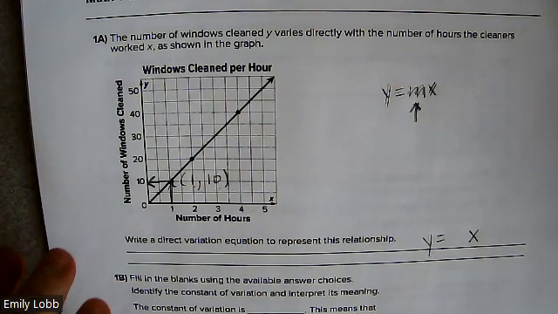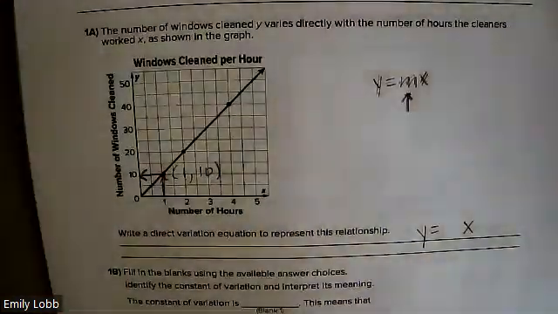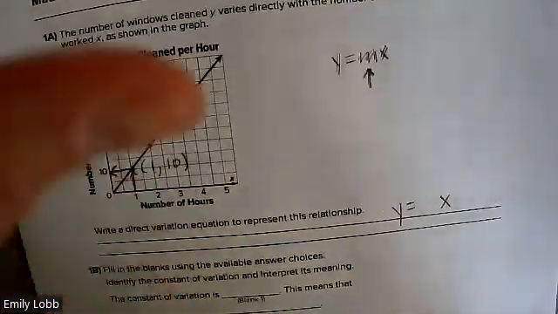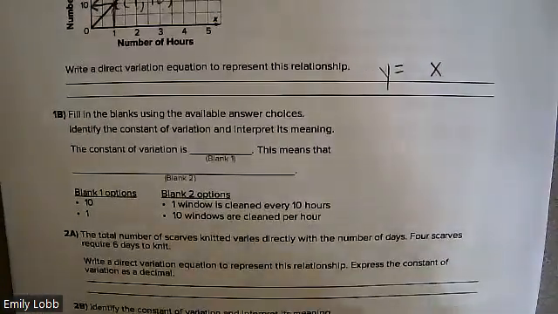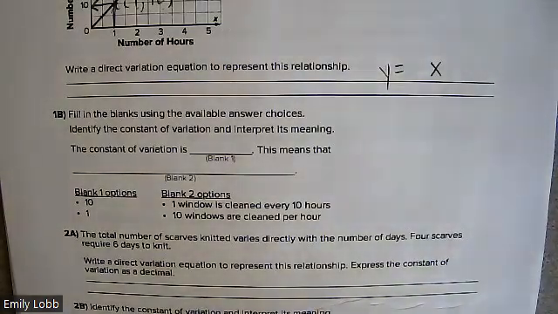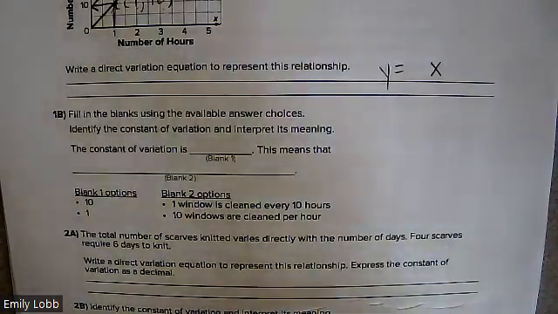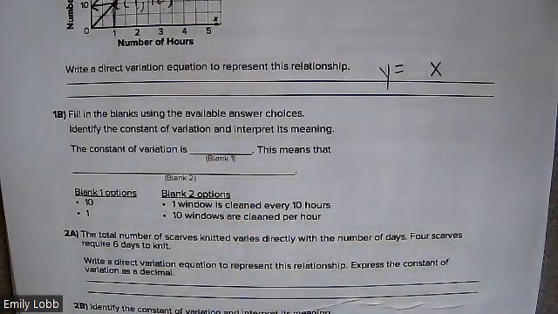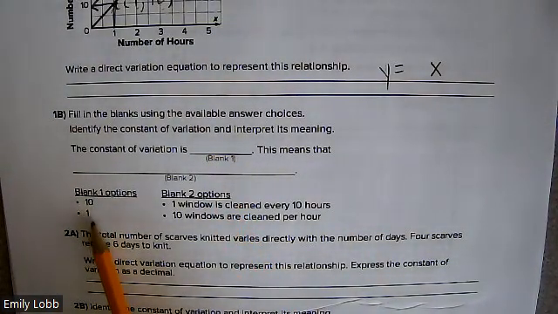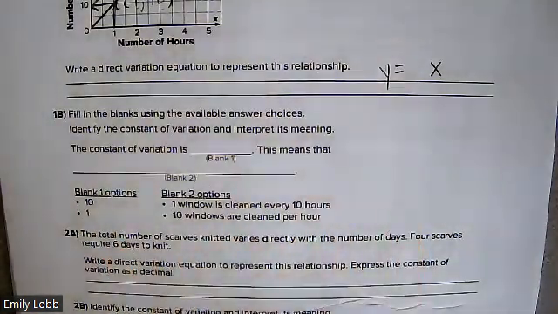Okay. 1B says, fill in the blanks using the available answer choices. Identify the constant of variation and interpret its meaning. So the constant of variation is right here, what you put in for m. So you have 2 options. So hopefully you picked one of those up here.